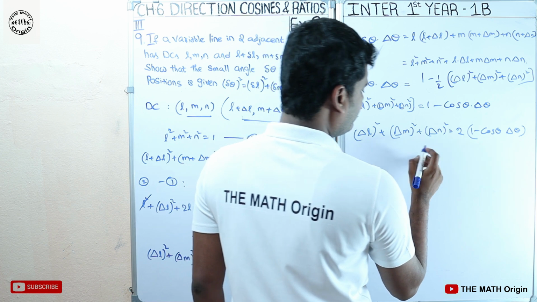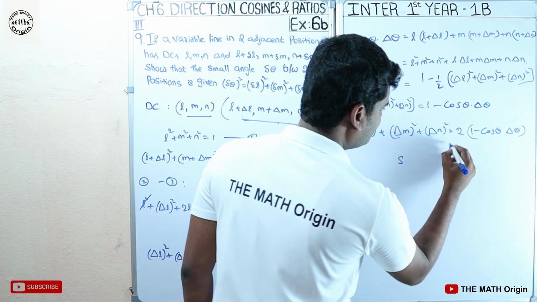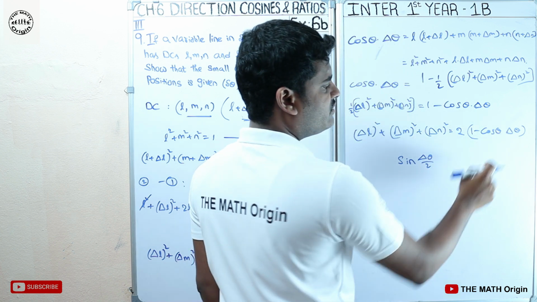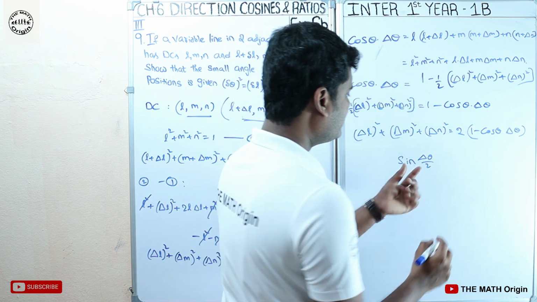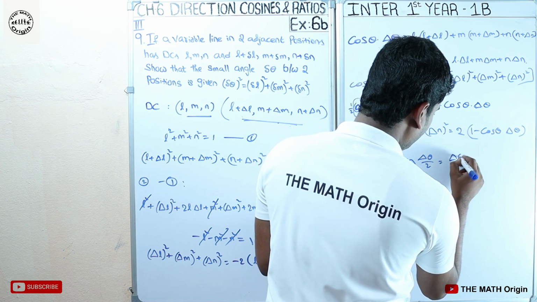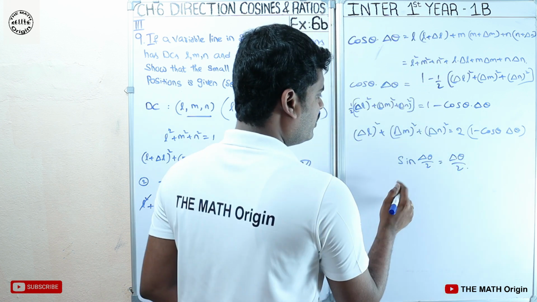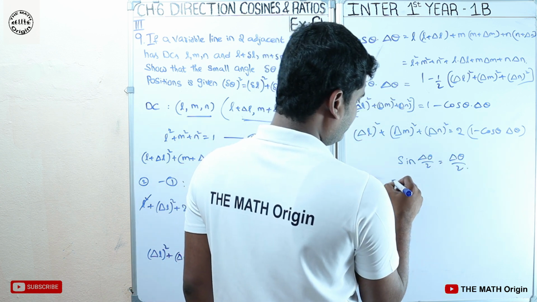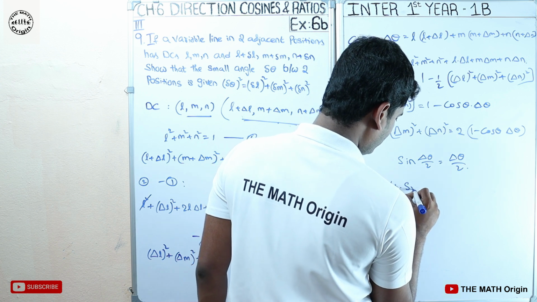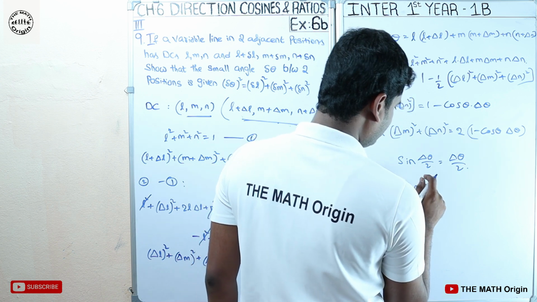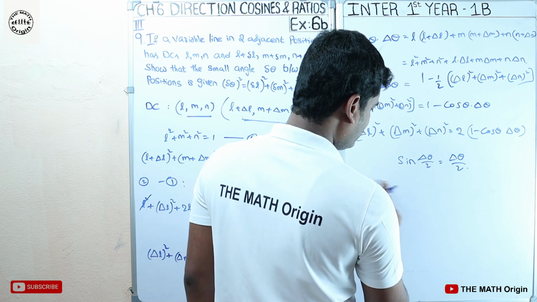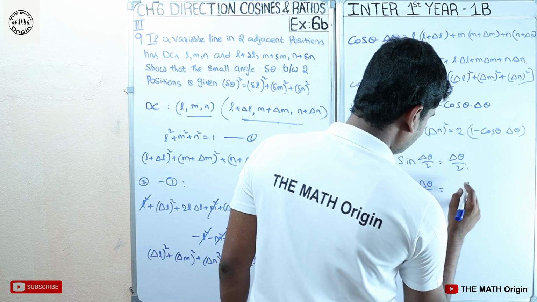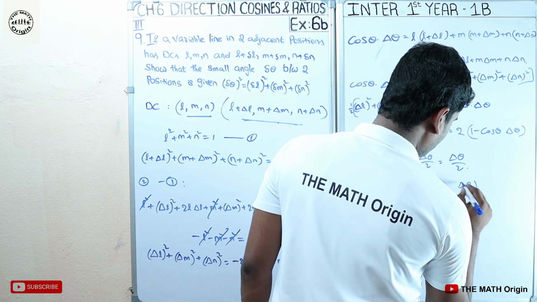Now from this we can write it as sine delta theta by 2. Since delta theta by 2 is a small value, sine of delta theta by 2 is approximately delta theta by 2. Now square on both sides: sine square delta theta by 2 is equal to (delta theta by 2) whole square.